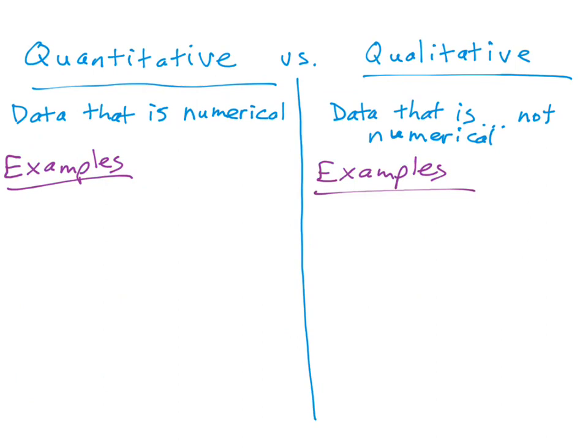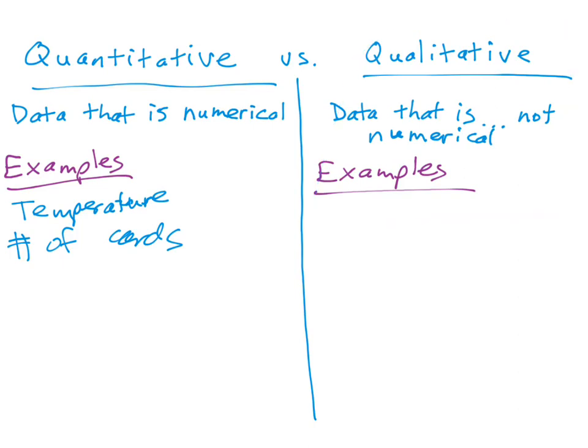And then there's two other words you need to be aware of. There's quantitative and qualitative, and this one's a lot easier to distinguish. Quantitative means it's a quantity. It's a number. So the temperature would be a number. Number of cards in a deck, that would be a numerical value.